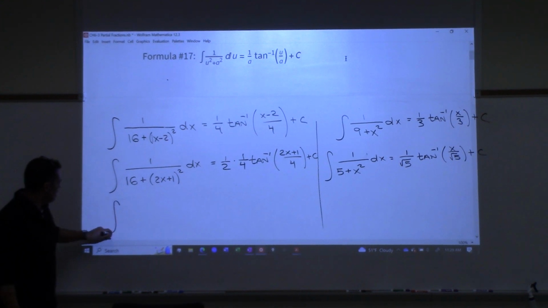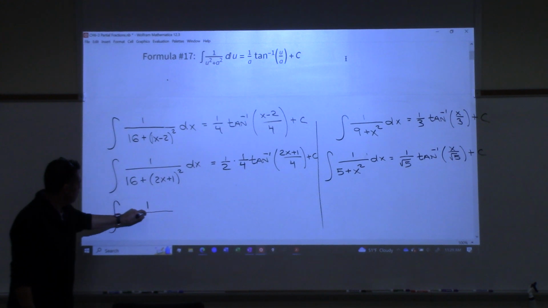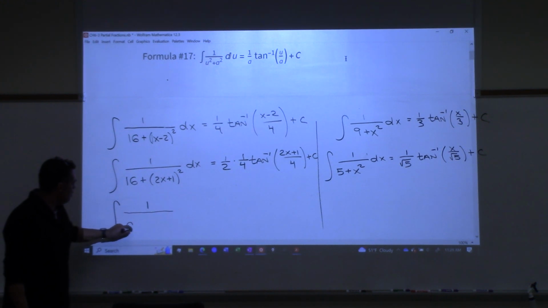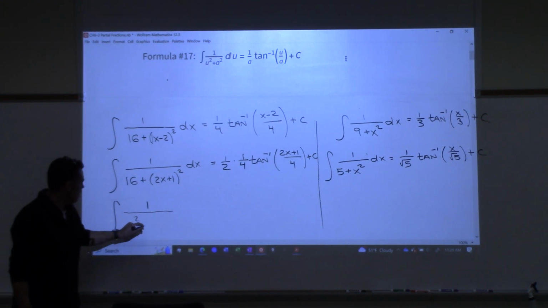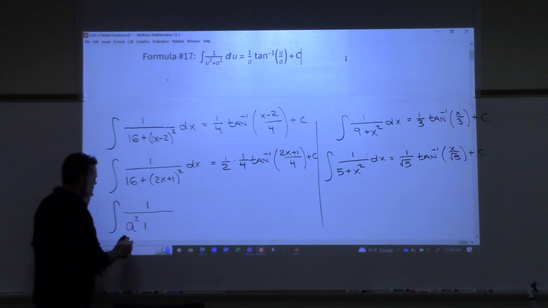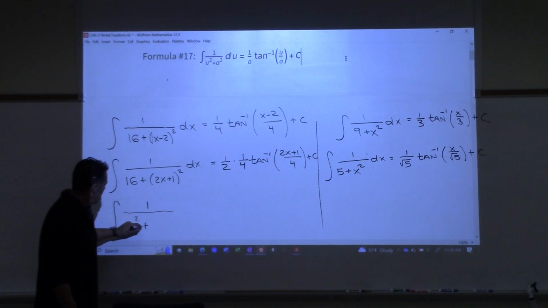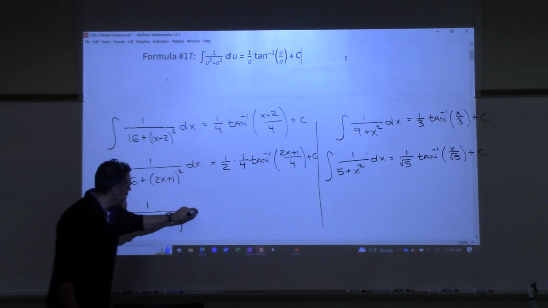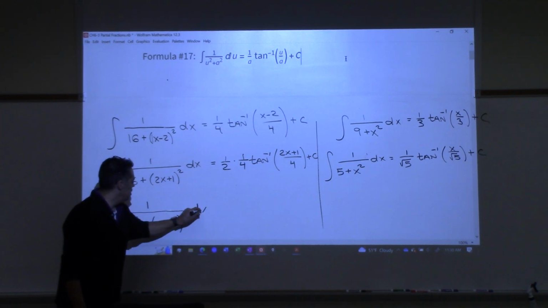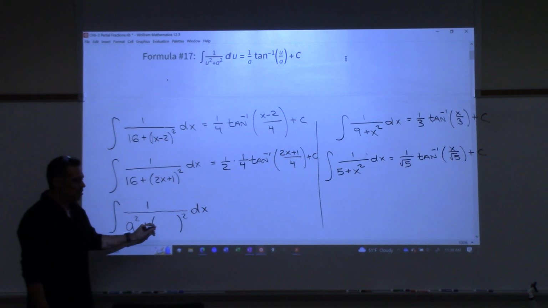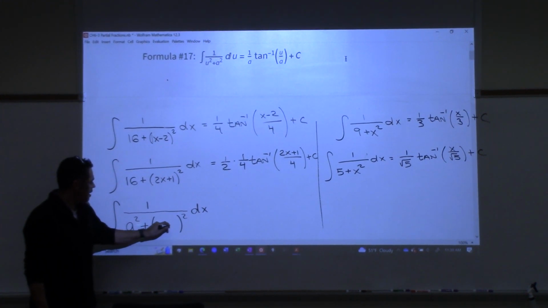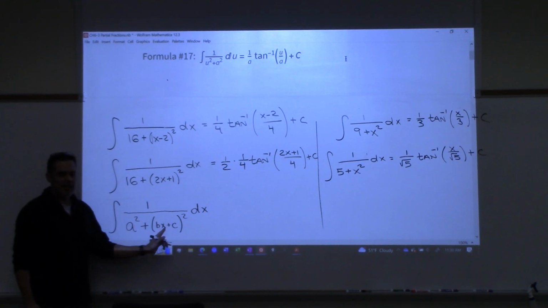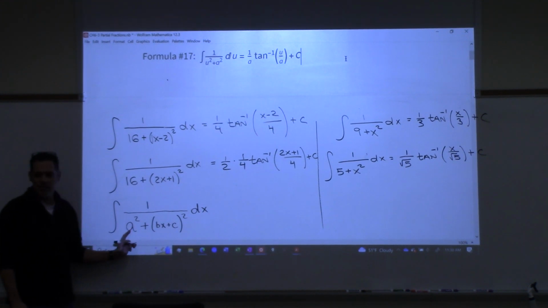What if I had 1 over some number squared, I don't know what it is, I'll use a squared, plus something that's linear squared, dx. Let me say that this linear expression looks like this, bx plus c. I couldn't use ax plus b because I was already using an a over here.